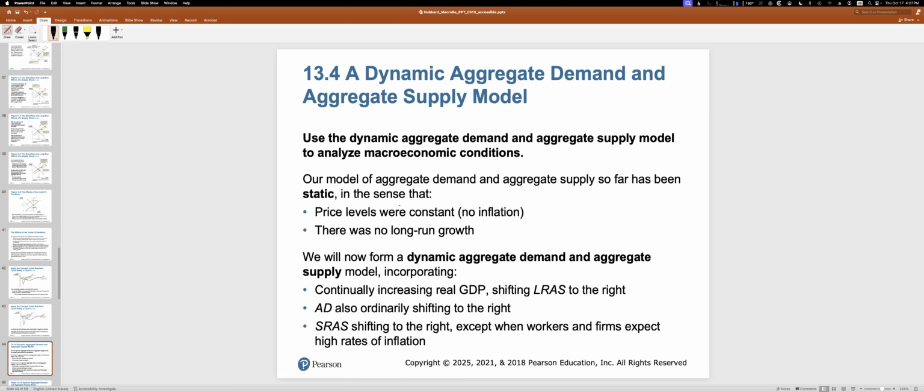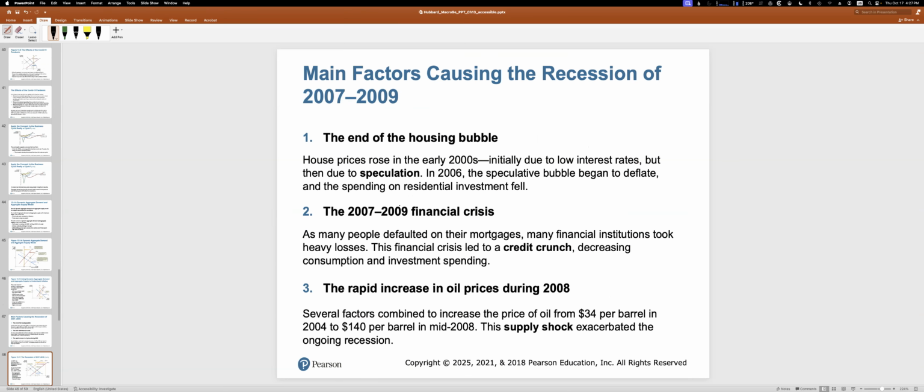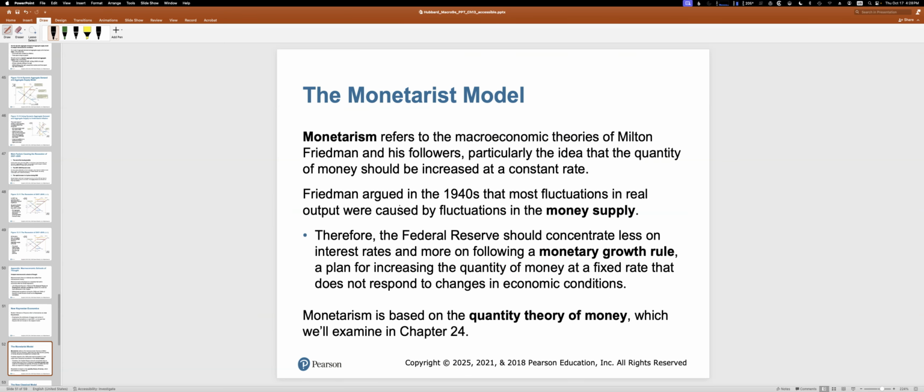Nor am I going to cover the macroeconomic schools of thought, although they're really important and they help you understand a bit more about why there are these differences in macroeconomists. To be honest, there aren't as many Keynesians anymore as there used to be.